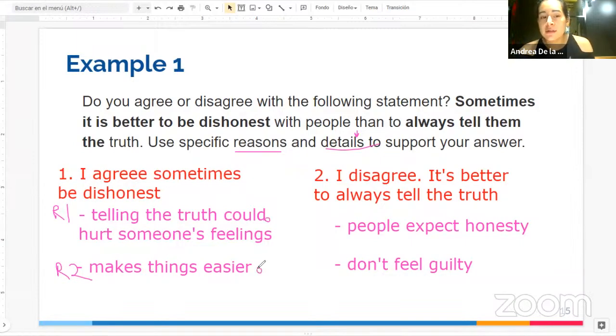So that is what I asked you to think of specific situations, right? In which you would feel guilty, in which things will be easier. So you will have to give examples as well. So considering that they have to be different, that you have to support them with examples and details, which one should we choose? Which one do you think is going to be better for us to write? Option one or option two?